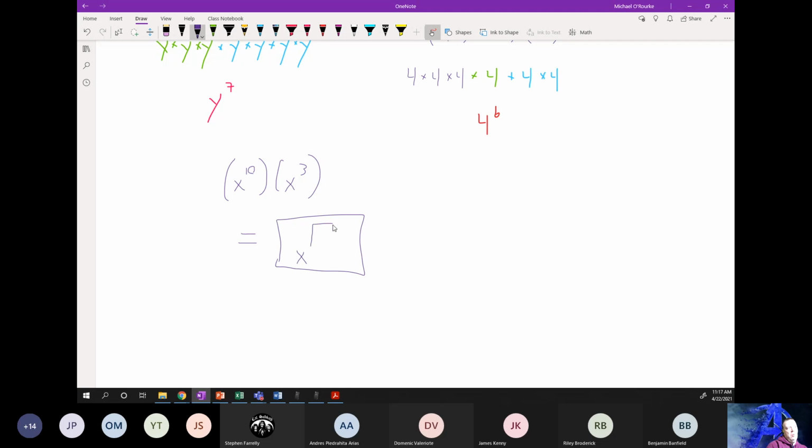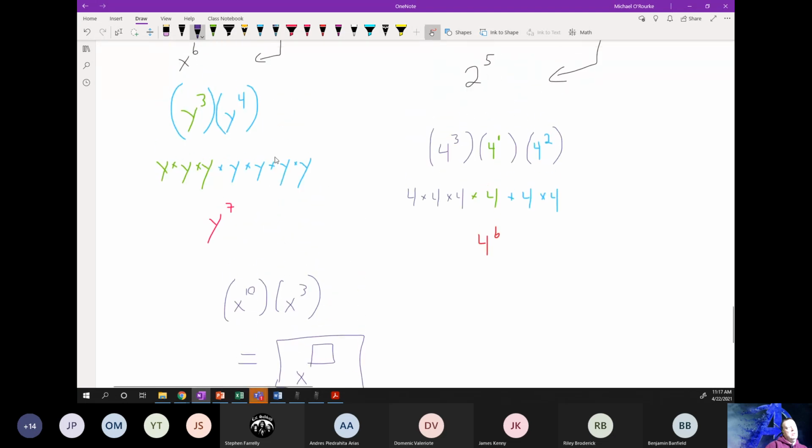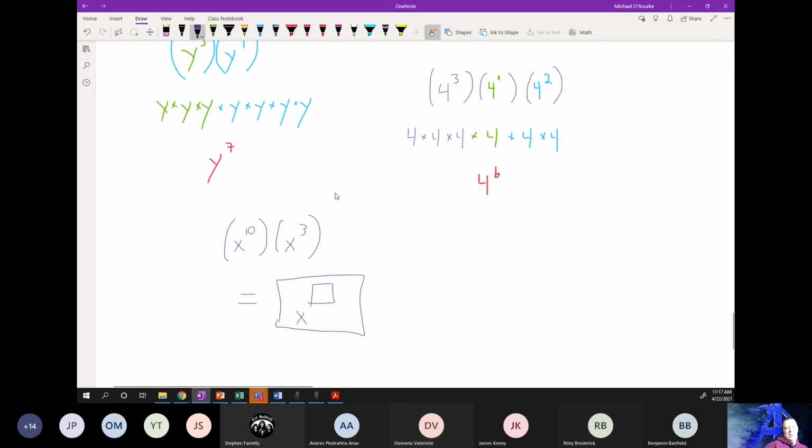X to the power of what? Good. X to the power 13. Perfect. Hey, there's San Vito. Perfect. So x to the power 13.